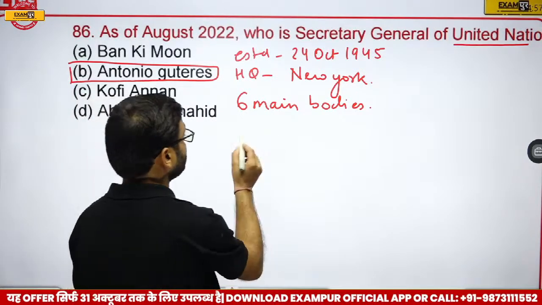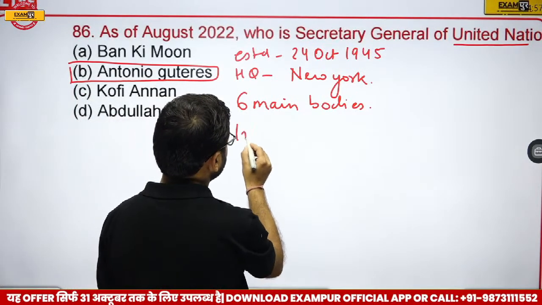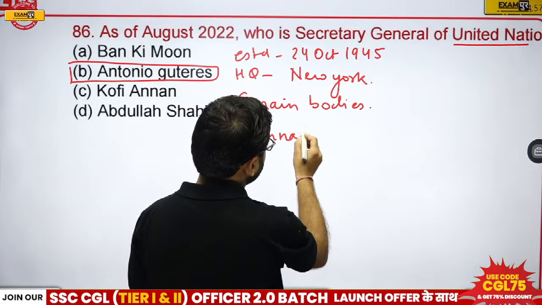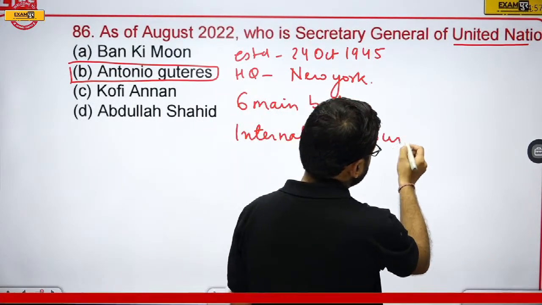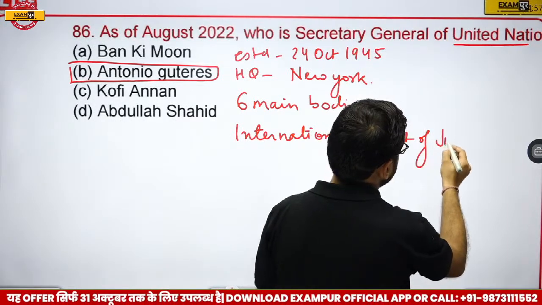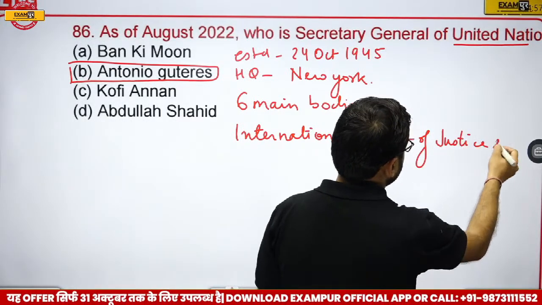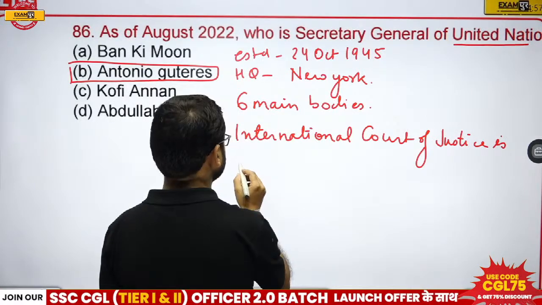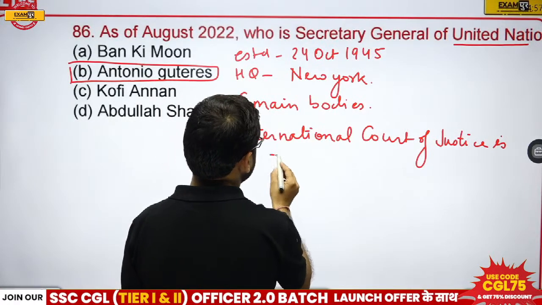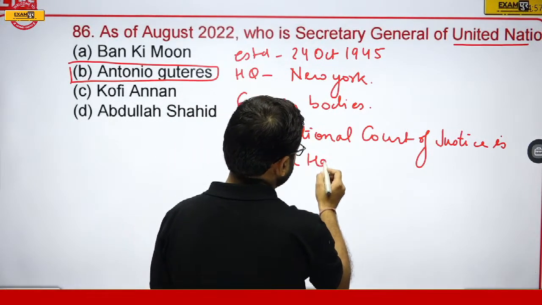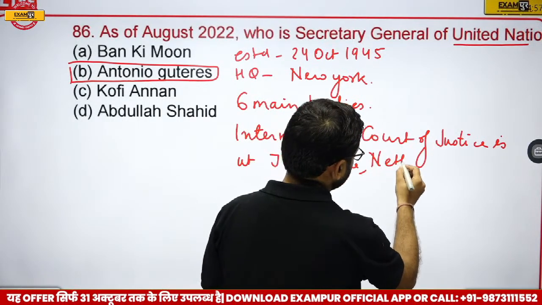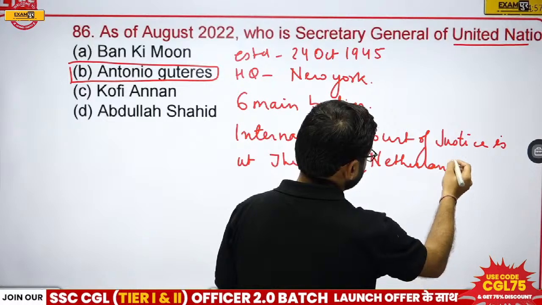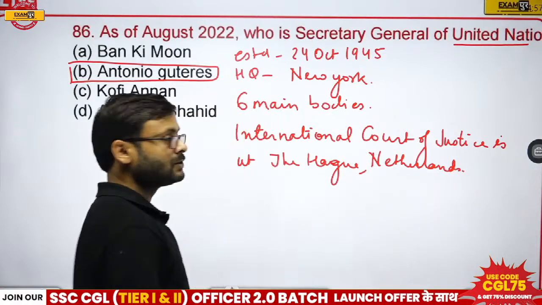ICJ, the International Court of Justice, is headquartered at The Hague, and The Hague is situated in the Netherlands.